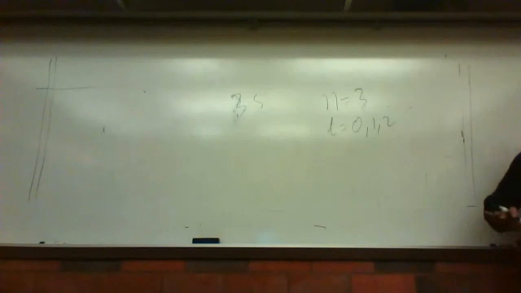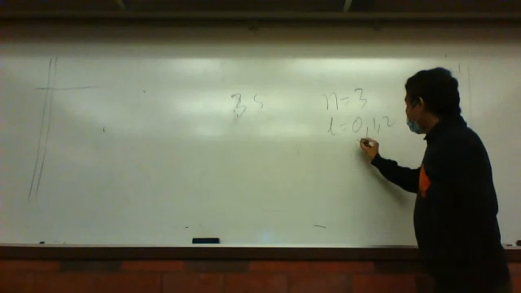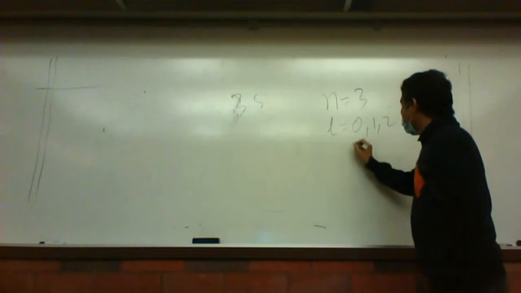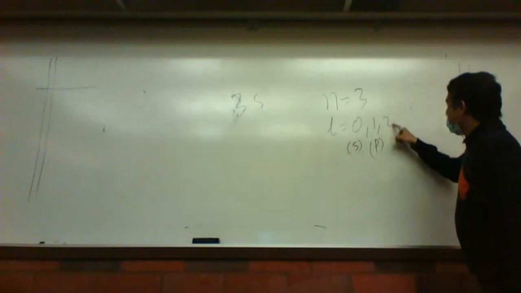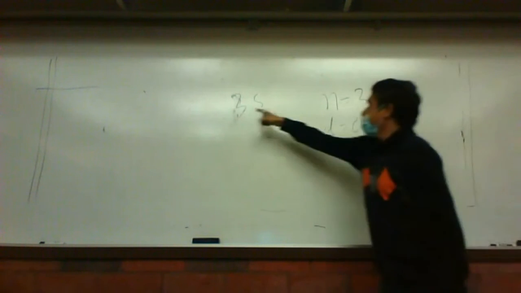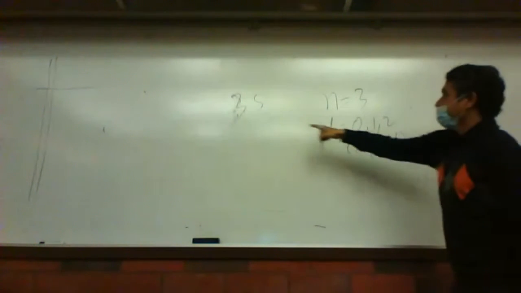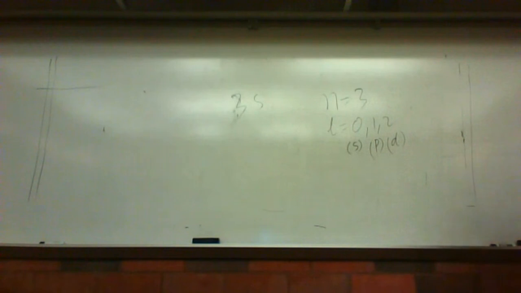Now, what is the name of this letter? For 0 we give the letter s, for 1 we give the letter p, for 2 we give the letter d. So is there a 3? Yes. Is there an s? Yes. So this is good. This is not wrong. This is right.